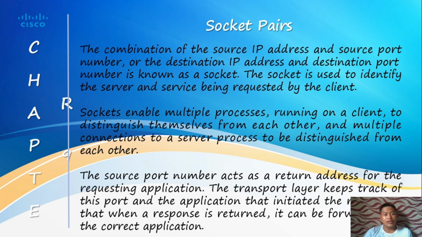Socket pairs. The combination of the source IP address and source port number with the destination IP address and destination port number is known as a socket. The socket is used to identify the server and service being requested by the client.